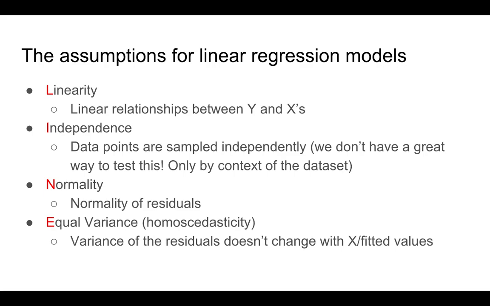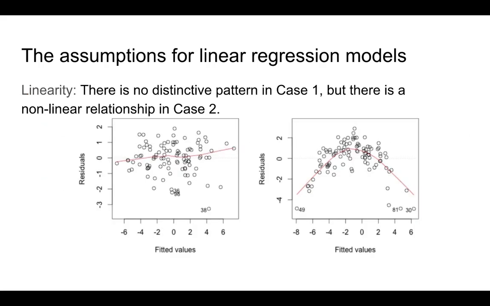So when we build our model, let's see the differences of the two plots. Let's call the model MOD, and we can use plot(MOD), and it gives us four types of plot.